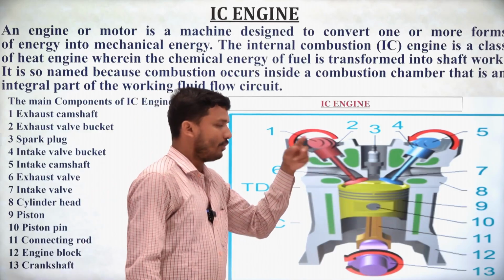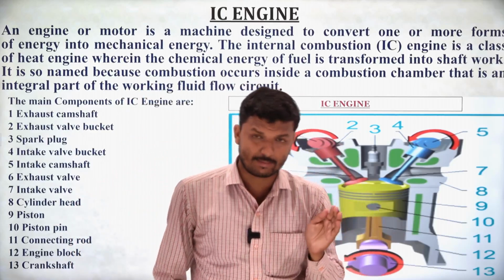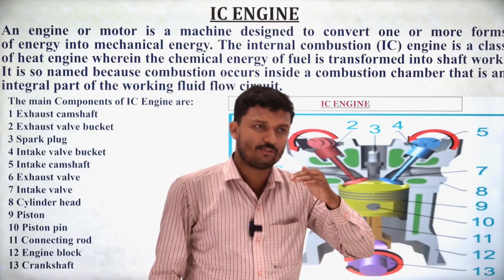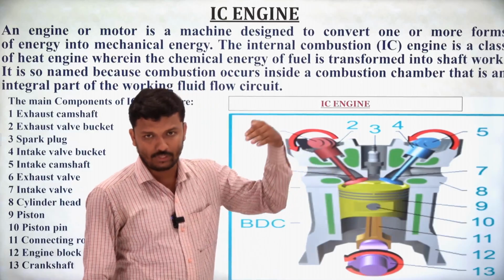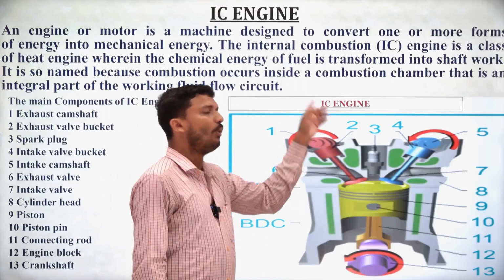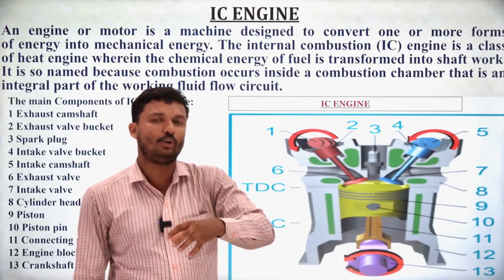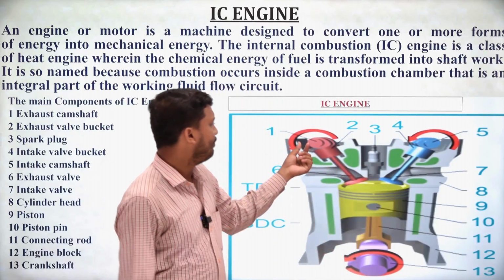One side is nozzle type, pointed type, and the other side is semicircle type. When the pointed side touches the valve, it will move inside and the valve will open, and when the pointed side goes upward, the valve will return to its original position, that means the valve will close. So number 1 plays an important role.